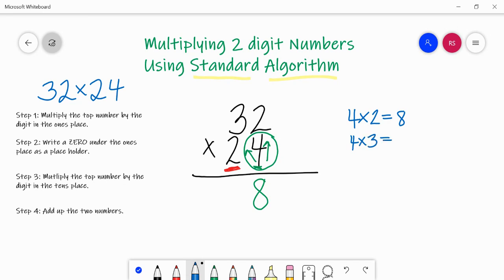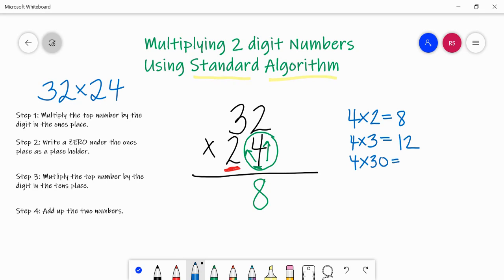But I also want you to think about the place value, right? That 3 is not 3 ones, that 3 is 3 tens. So really, I know that 4 times 3 is 12. I know that, right? Those are my basic facts. But if we're thinking about place value, that 3 tens is not just 3, it's really 30.